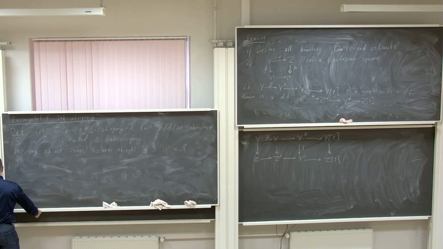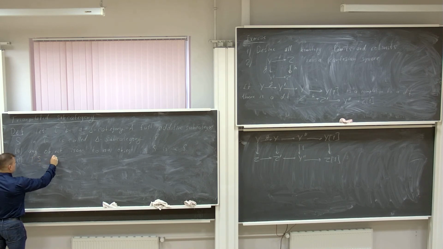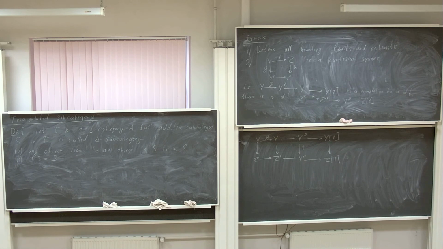The first nontrivial condition is that S is invariant with respect to the translation functor. So maybe I can write this shortly: T applied to S is again S. So the shift of any object in S is again in S.